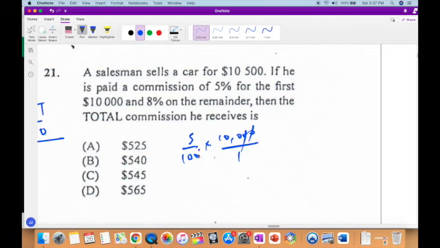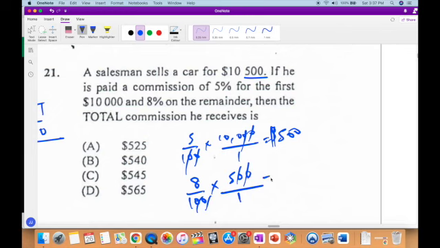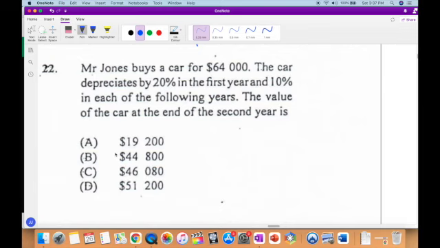Zip, zip, zip. That's $500 he makes on the first 10,000, and then 8% on the remainder, which is $500. 5 8s are 40. So 500 plus 40 is $540.